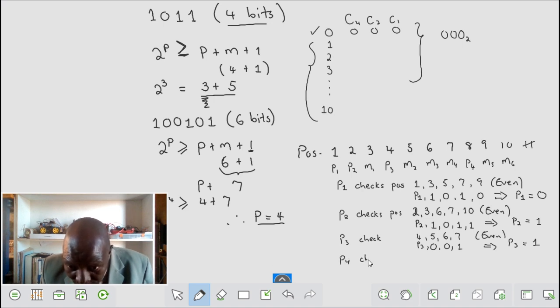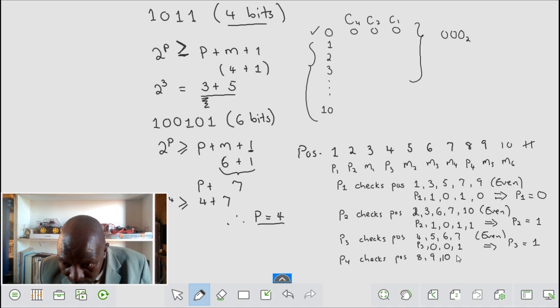P4 checks these positions. P4 is 2 to the power of 3. Remember, that is 2 to the power of 0, 2 to the power of 1, 2 to the power of 2, and this is 2 to the power of 3, which is 8, so it's position 8. 9 because it's 8 and 1. 10 is 8 and 2. So 8, 9, and 10.